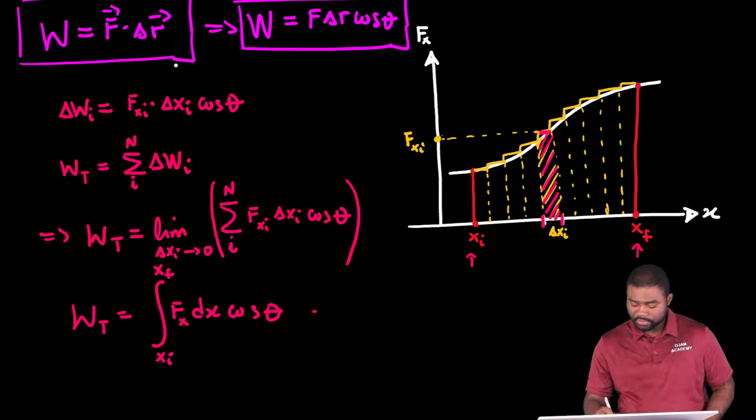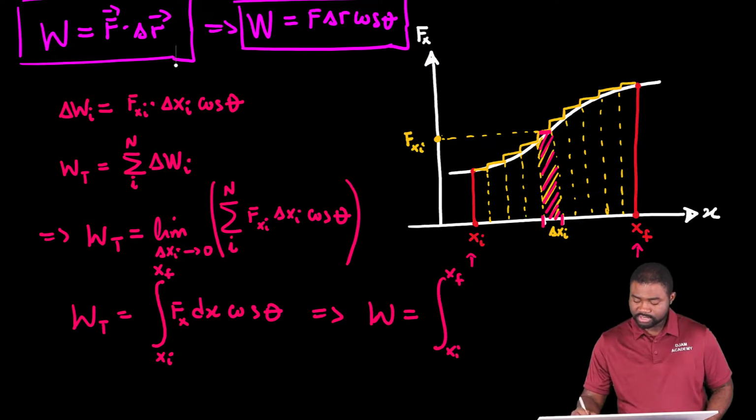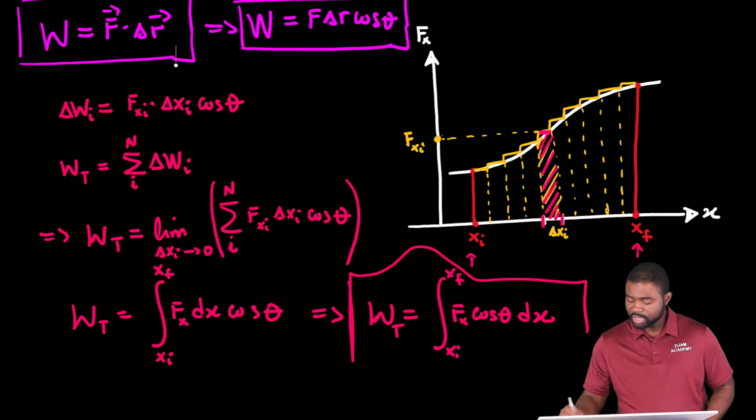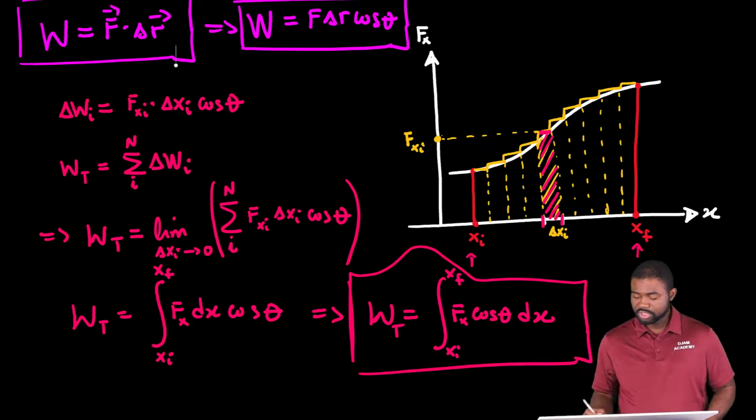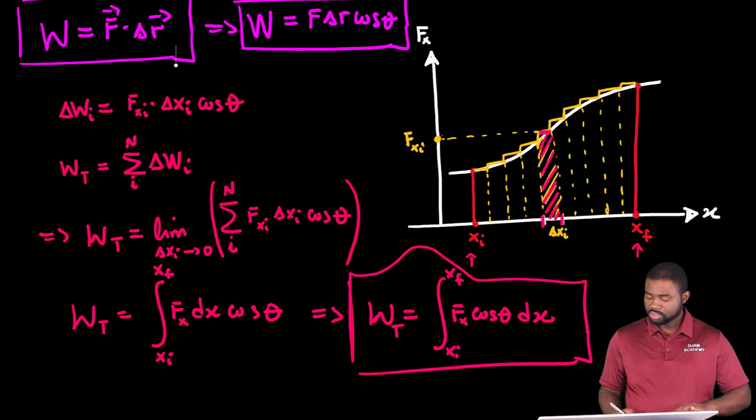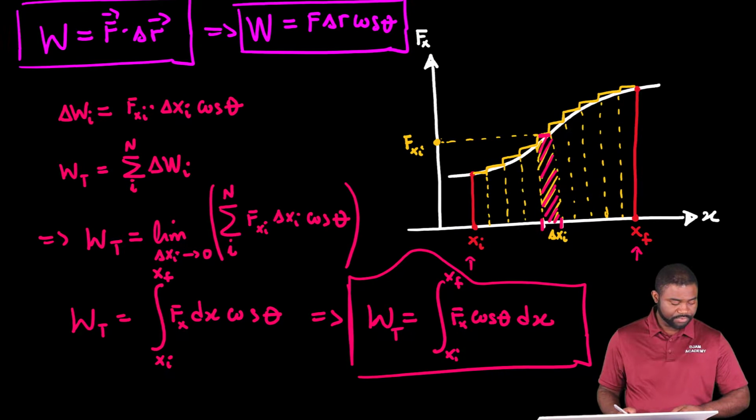In other words, the total work done, W, is equal to the integral from xi to xf of F(x) cosine theta dx. This is the work done by a variable force. This is the formula to calculate the work done by a variable force.